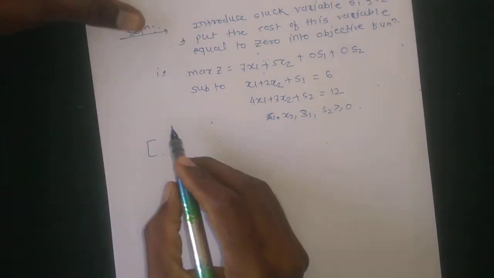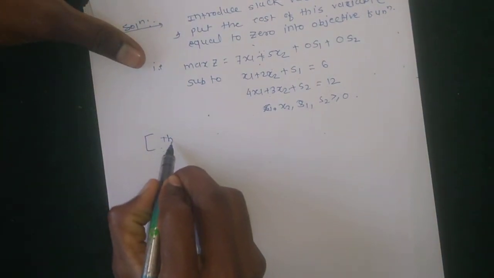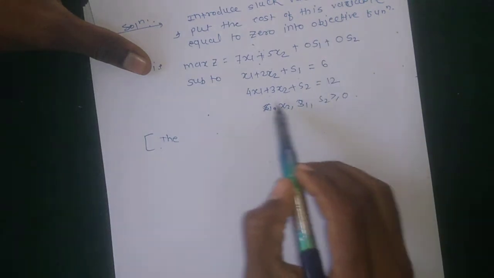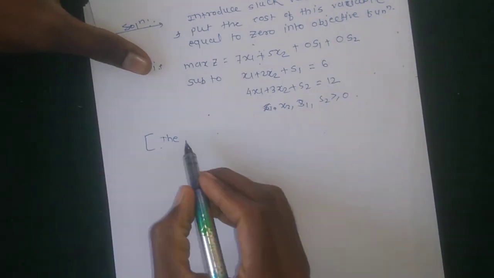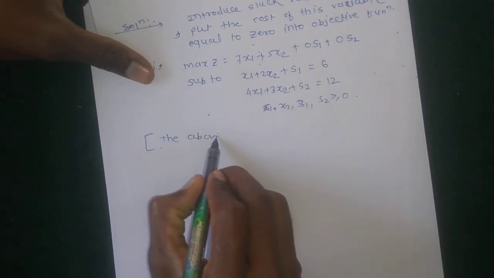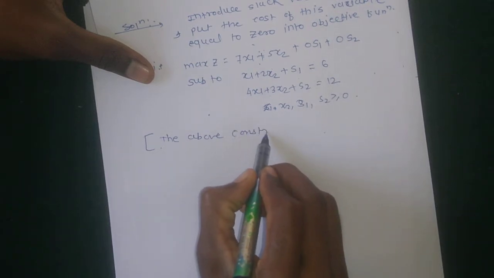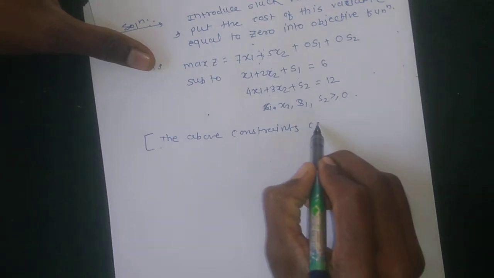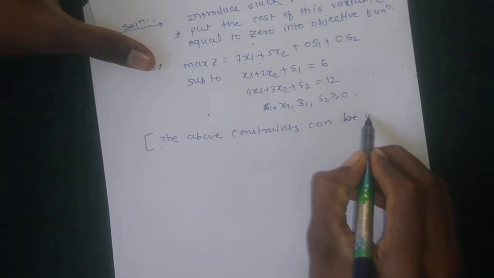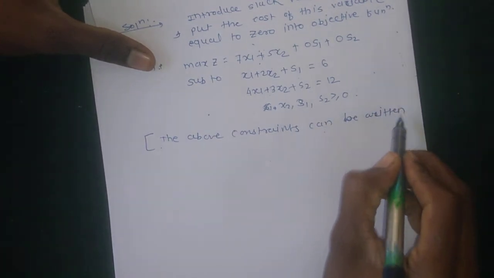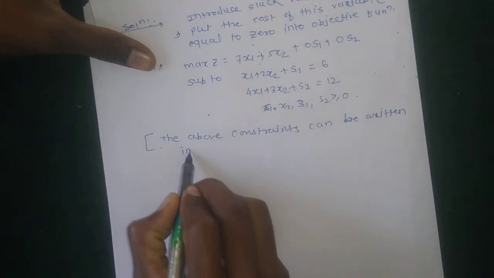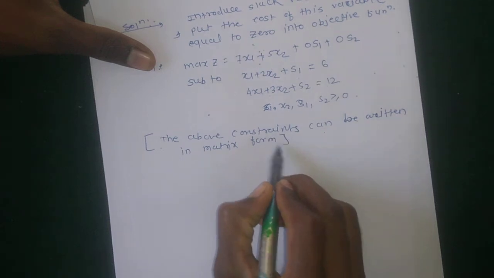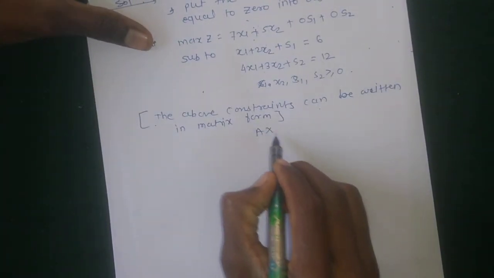For this, write the above constraints in matrix form, Ax is equal to b.